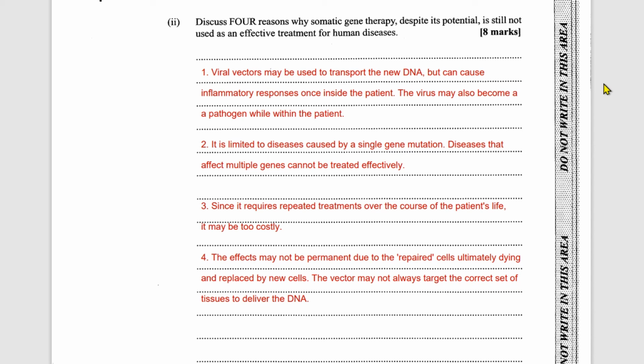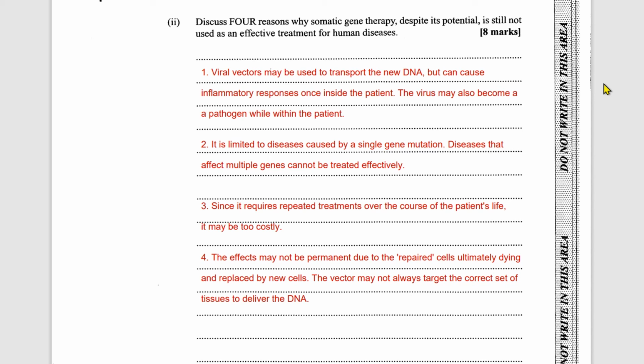So what better way to actually try to get it into your cells? They might put the viruses into your lungs, and you inhale it, it goes into the cells, penetrates the cell membrane, and delivers that little bug fix, that little fixed DNA, into you.